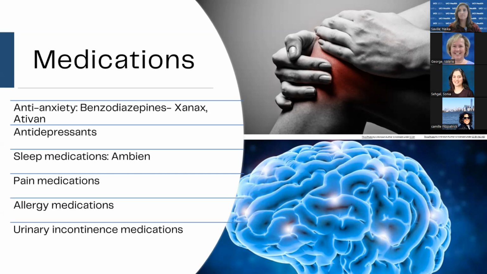But these medications have a higher risk for falls. Anti-anxiety medicines, especially the benzodiazepines, Xanax, Ativan, Valium, have a very high risk for falls. They can make people sleepy. People want to take them for sleep.